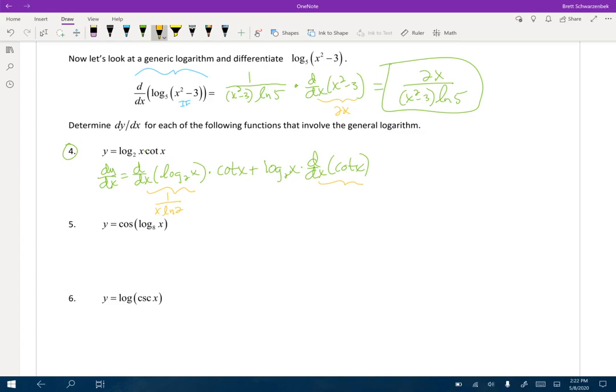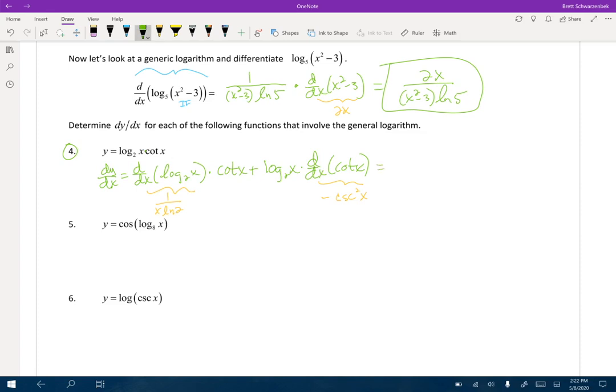I remember that tangent's derivative is secant squared. So that means cotangent's derivative is negative cosecant squared. Okay, that's always how I remember it. I remember it by cofunctions, and then the cofunctions have negative derivatives. So negative cosecant squared.